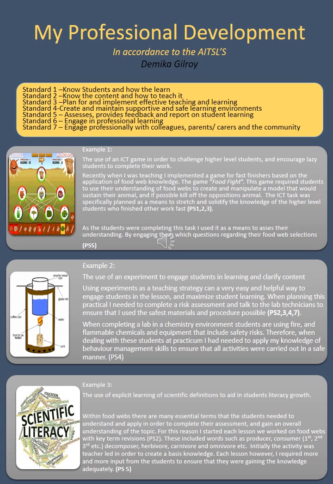Initially, the activity was teacher-led. However, each lesson I required more and more input from the students to ensure that they were gaining the knowledge adequately. Overall, I found this to be a very successful strategy to address the learning of new language and literacy within the classroom, and an excellent way to adhere to Professional Standard 2.